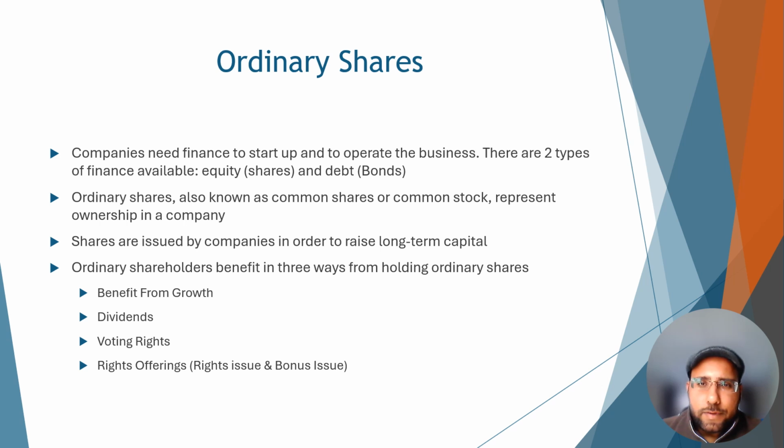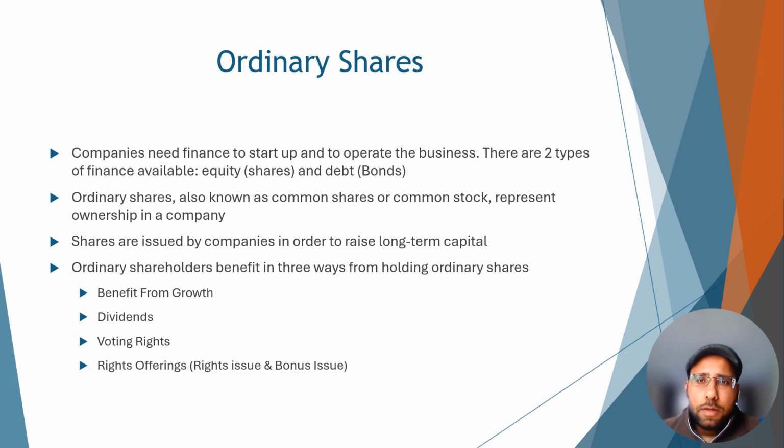The second element is dividends, which is a form of income. This is when the company distributes a fraction of its profits to its shareholders as a form of reward for their loyalty. Thirdly, you will get voting rights. You can vote at AGMs and have a vote on very important corporate matters.